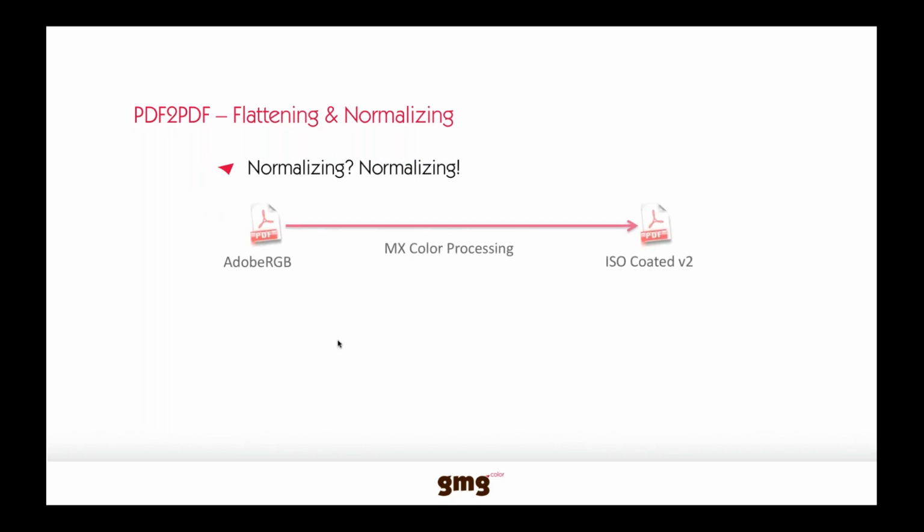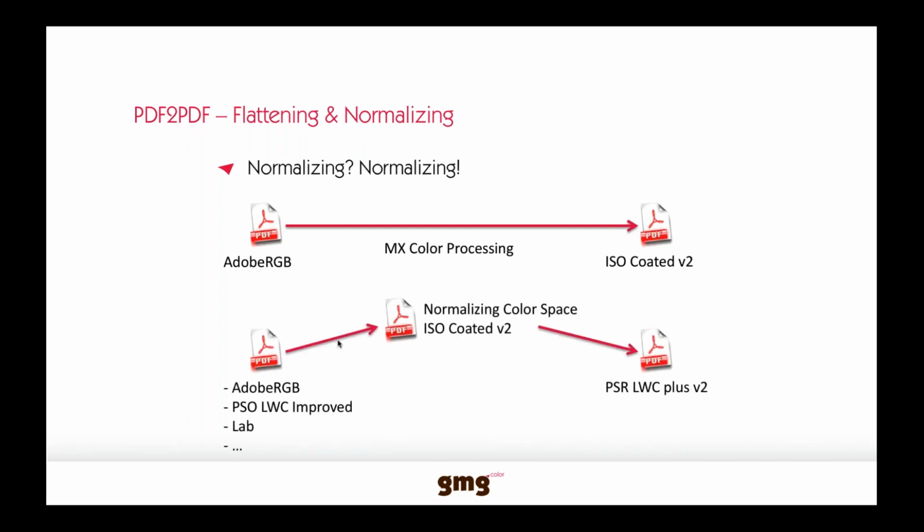Normalizing process: normally if you have an Adobe RGB, it's converted with MX color processing to ISO Coated, for example. In the normalization, we grab all the different color spaces and normalize them to one normalizing color space.